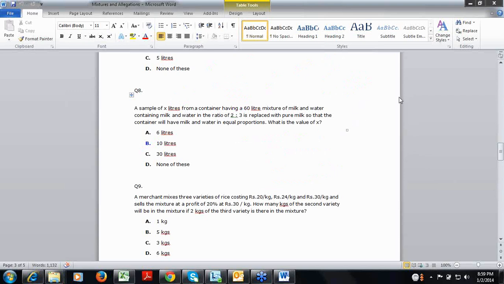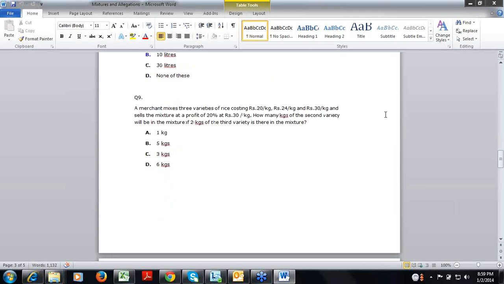So question number 9. A merchant mixes 3 varieties of rice costing 20, 24 and 30 and sells the mixture at a profit of 20% at rupees 30 per kg. How many kgs of second variety will be in the mixture if 2 kg of third variety is in the mixture?